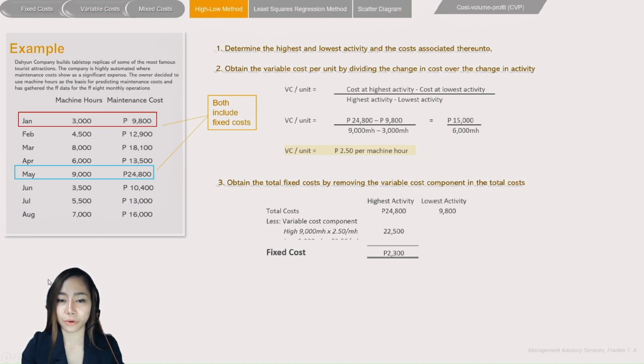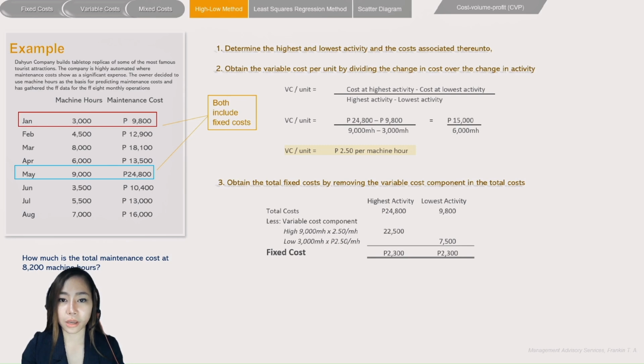And that's your fixed cost. If we try the lowest activity, which is 9,800 minus 7,500, it still has the same result, which is 2,300. So you know already how much your fixed and variable costs are.